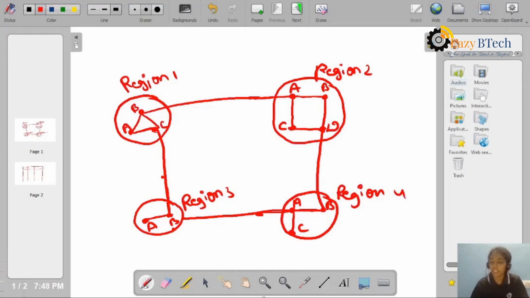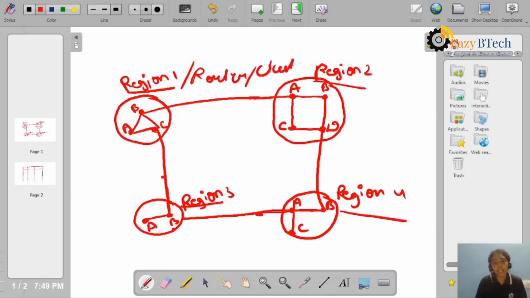Here we have four regions: region 1, region 2, region 3, and region 4. This is one router. As I already said, the routers are divided into regions, or we can say each is one type of cluster.